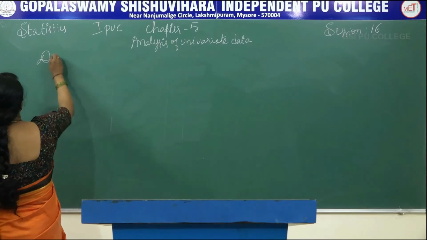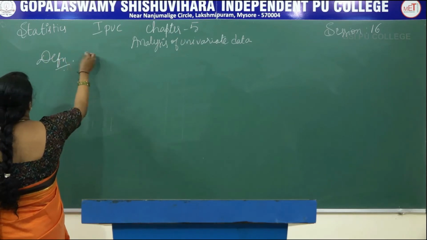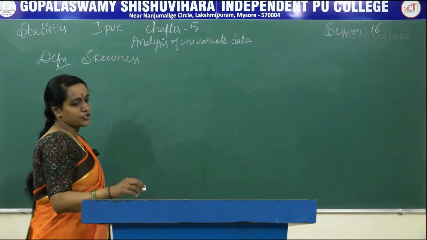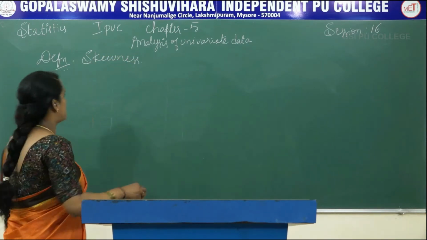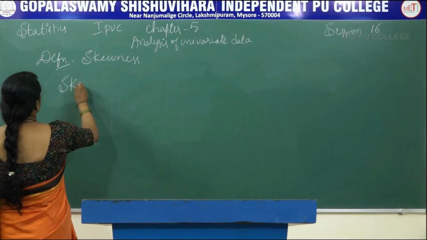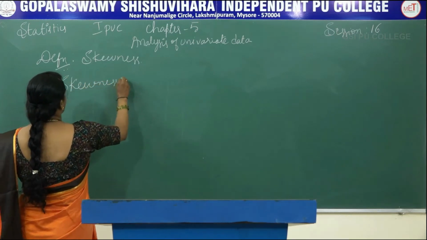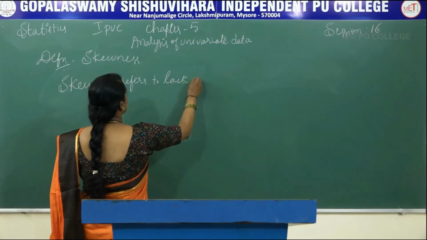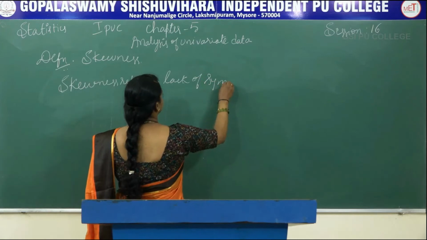Definition of skewness. The definition of skewness is, skewness refers to lack of symmetry.